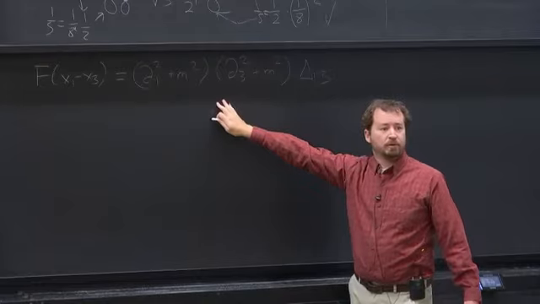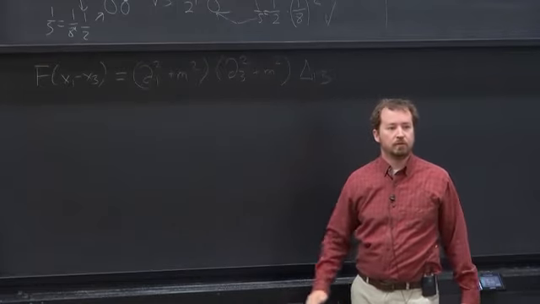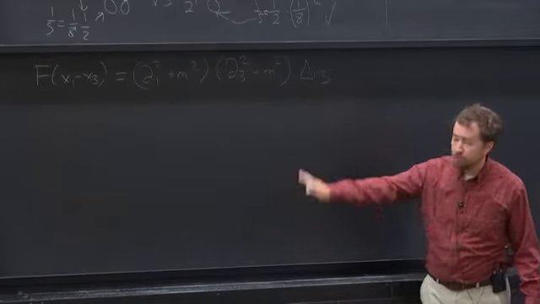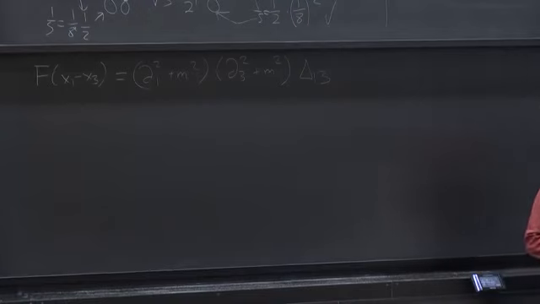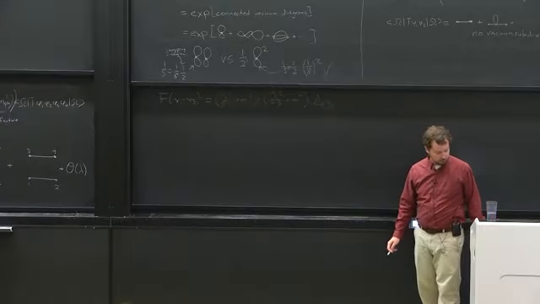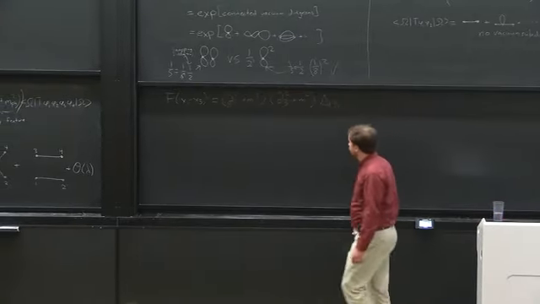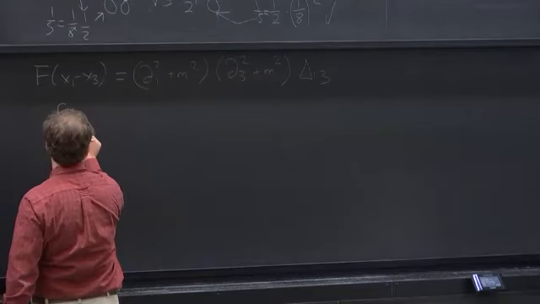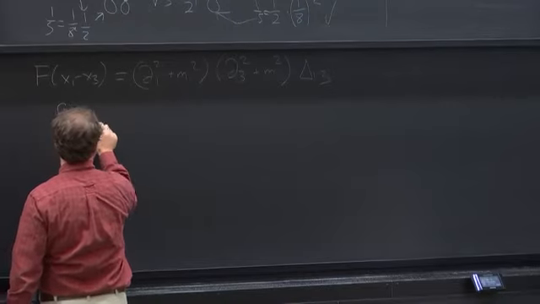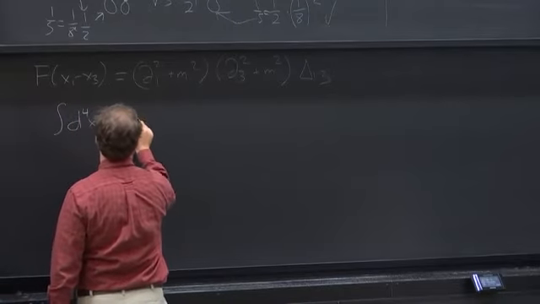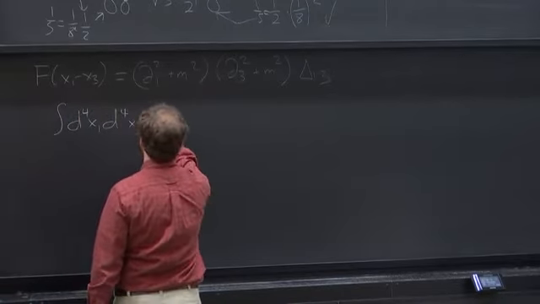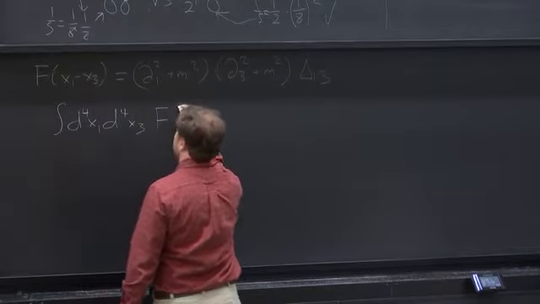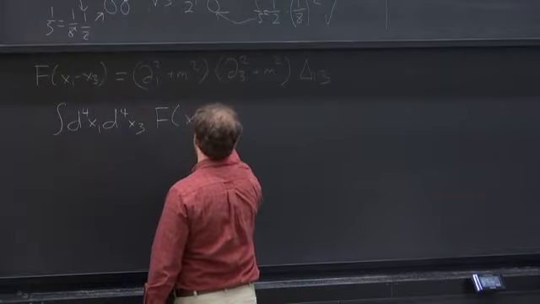So this is a part of the LSZ formula. I'll deal with its parts separately. It's a long formula. Okay. So what the LSZ reduction formula tells me to compute is d4 x1, d4 x3 of f of x1 minus x3.